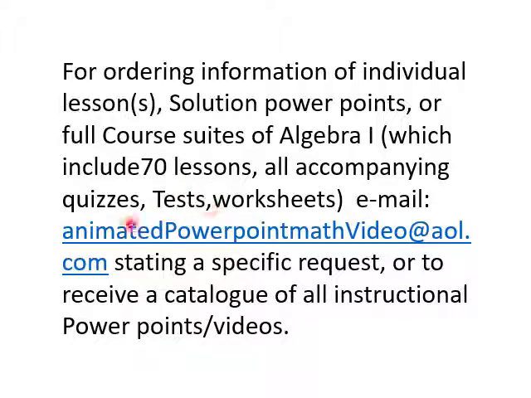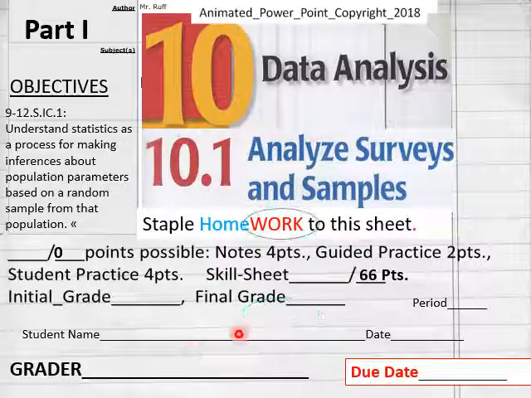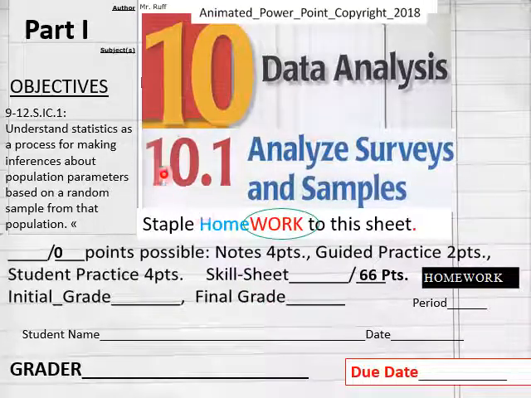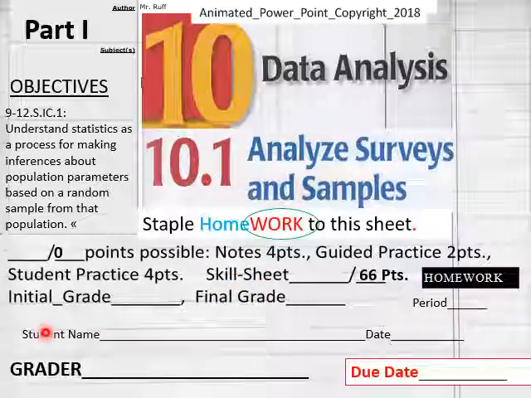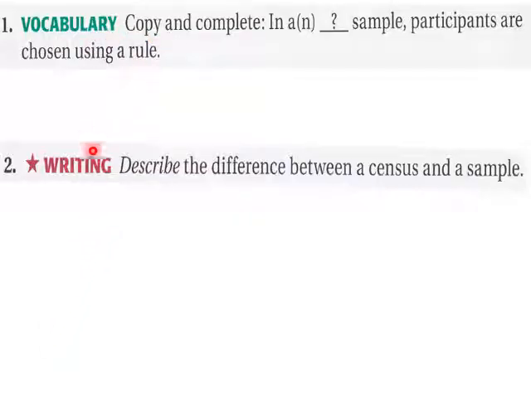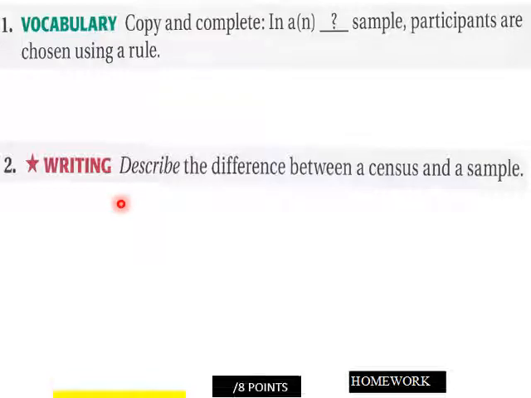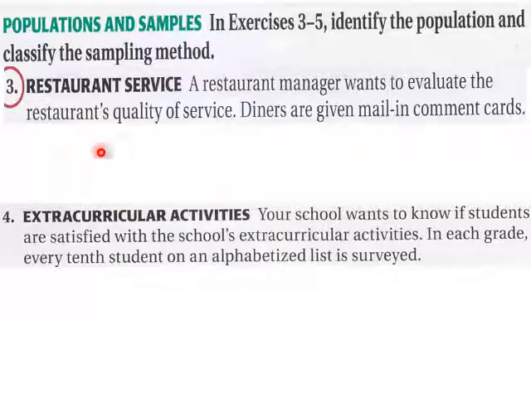Okay, so that was classwork for Algebra 1, lesson 10.1. And then here's your ordering email for the homework for 10.1, analyzing surveys and samples. 66 points on your homework sheet. Vocab and writing. Populations and samples.